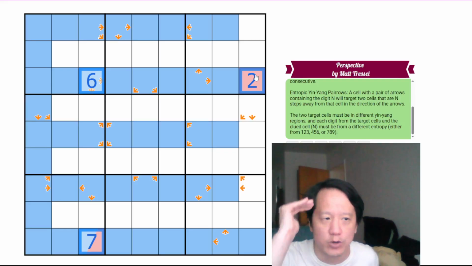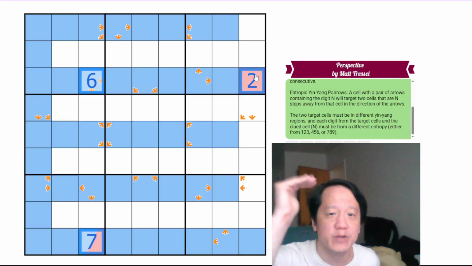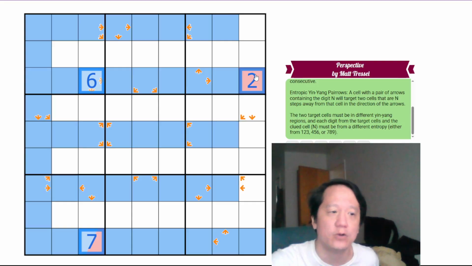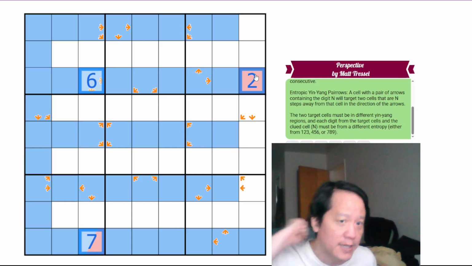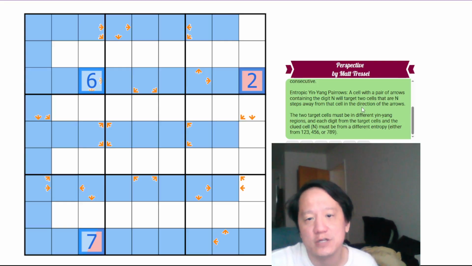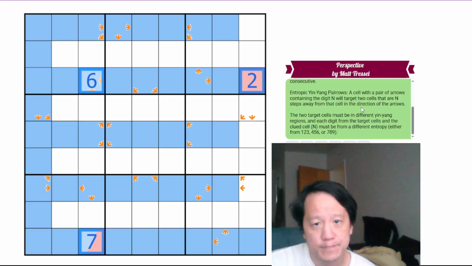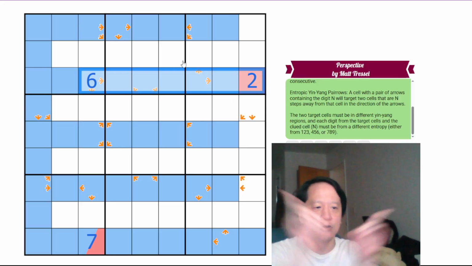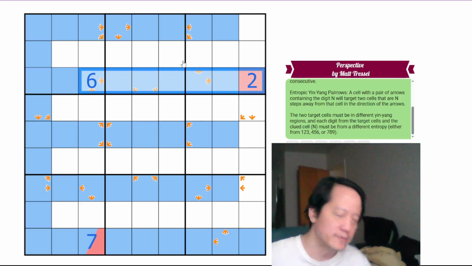One being low, one being medium, and one being high. And the 6 is from the medium, the 2 is from the low, and the 7 would be from the high. So that's how these entropic yin-yang pairs work. Fascinating. And obviously, you cannot point to digits that are outside of the grid, right?